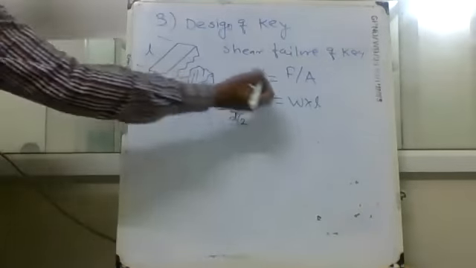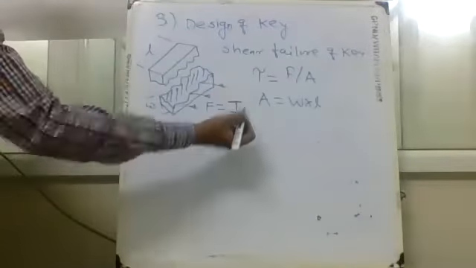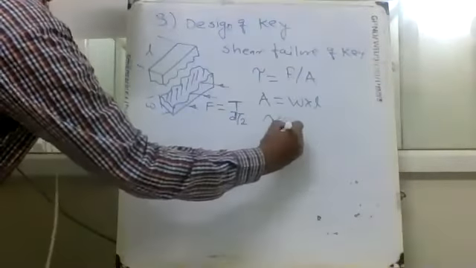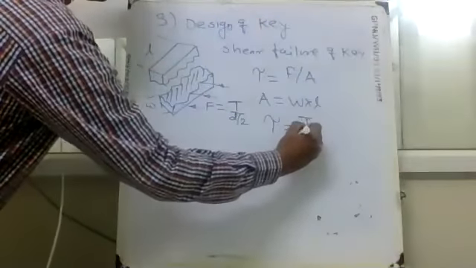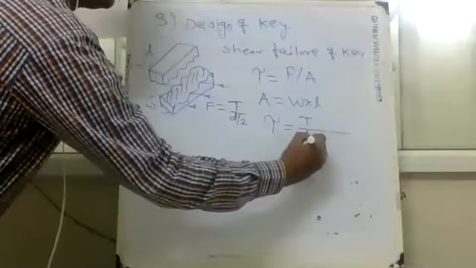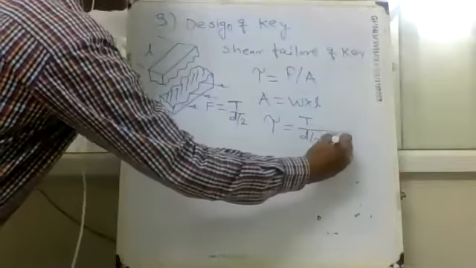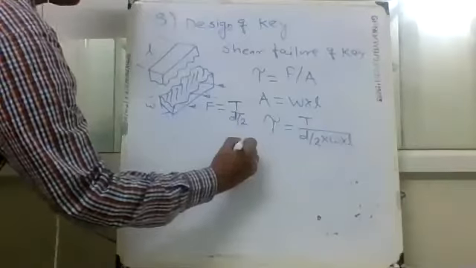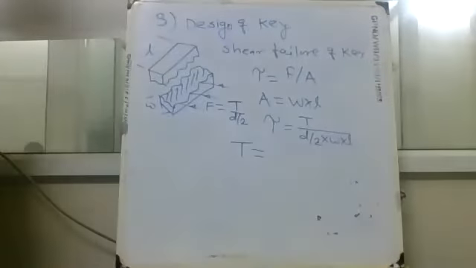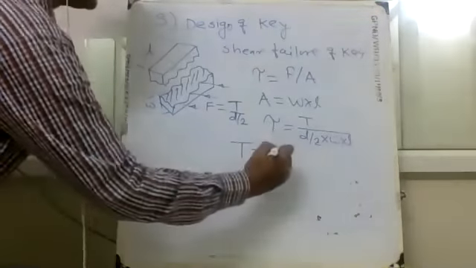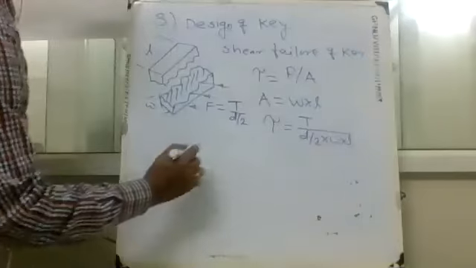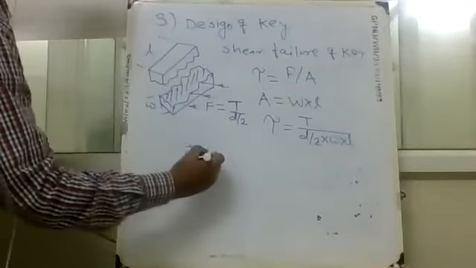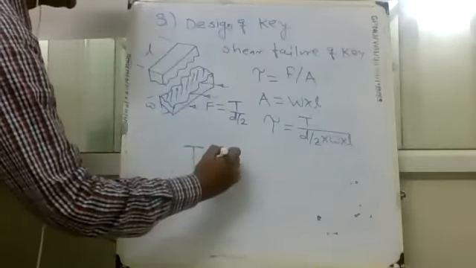Now if you put W into L and F is equal to T by d by 2 in this equation, then this equation becomes d by 2 into W into L. Or we can say that the failure of key under shear, that we can put like this. So this is the equation of failure of key under shear.